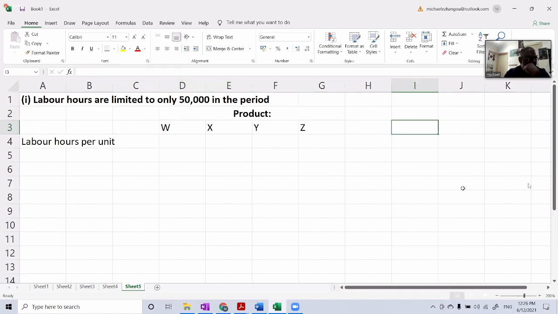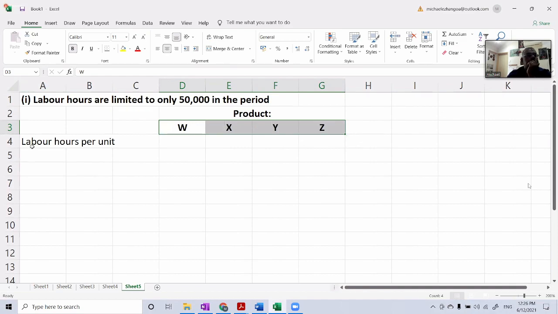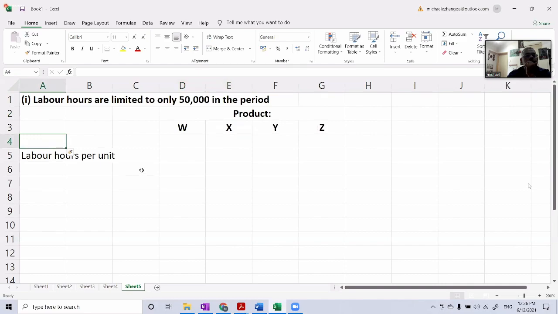So we have 4 products. Okay, now the first one, I'm just going to show you the working.